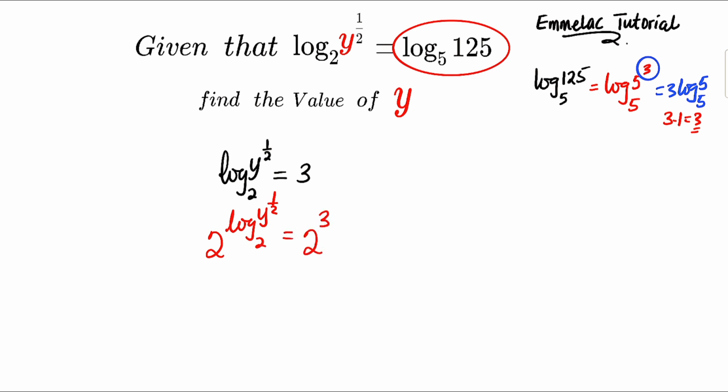Whenever you have a case like this in logarithm, the final answer here is y raised to 1 over 2. Just for instance, if you have a raised to log b base a, as long as this base is the same as the base of the log, the answer in this case is b.